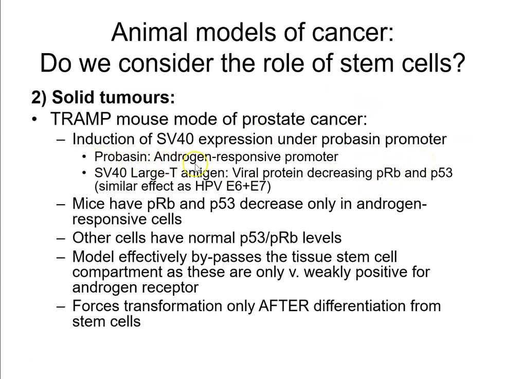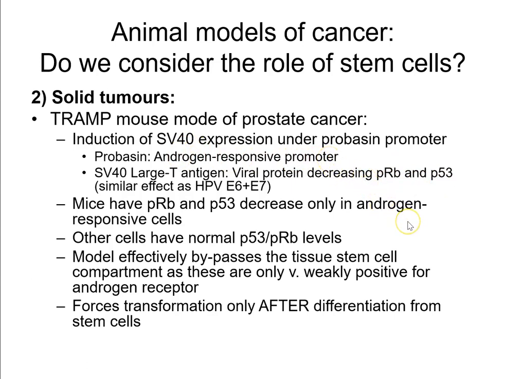So, probasin, androgen responsive promoter; large T antigen is a viral oncoprotein that decreases p53 and pRB levels. It has a similar effect to human papillomavirus E6 and E7, but either way, we are creating cells which are devoid of pRB and p53 under an androgen responsive promoter.